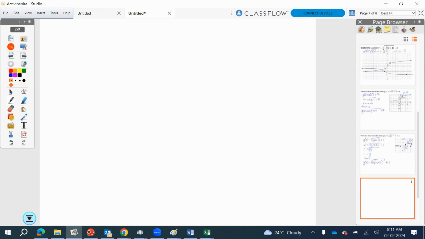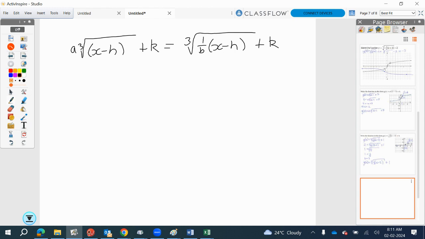All right. One other little piece that I heard you guys chatting about. If we have the cube root of (x minus h) plus k, and this is equal to the cube root of 1 over b times (x minus h) plus k, what is the relationship between a and b?